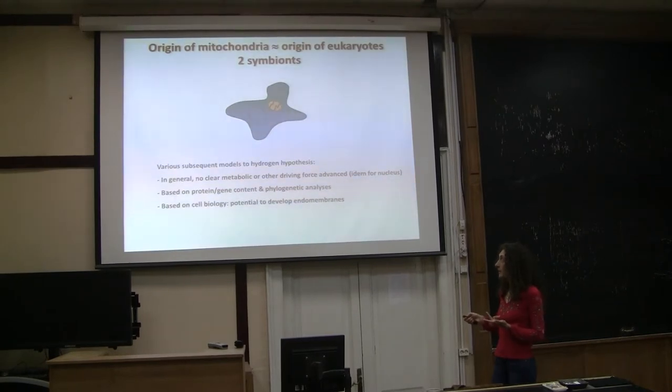In general, they do not propose any clear metabolic or any other driving force for the symbiosis or the endosymbiosis of the ancestor of mitochondria within the archaeon, or they are just based on some protein or gene content and phylogenetic analyses that are relatively partial, as we will see, or are based on some aspects of cell biology, including the formation of endomembranes, for instance.